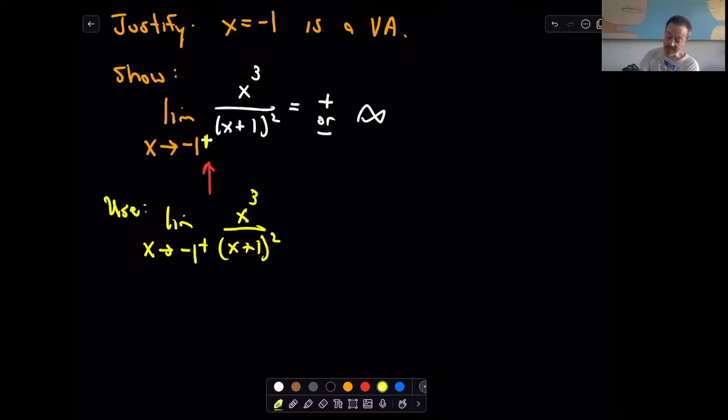So I would just say something like, notice, as x approaches -1 from the right, x to the third is going to get close to what number? If you take a number close to -1 and you raise it to the third power, it's still going to get close to -1.